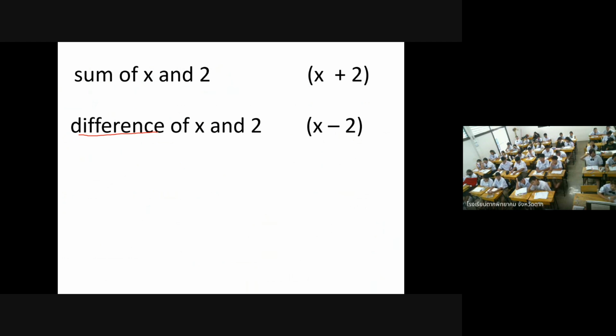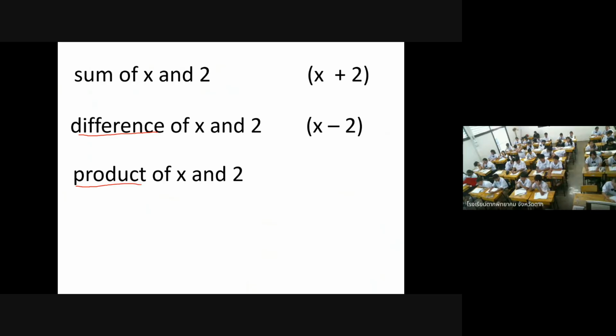Make sure you remember this. Next, product. When I ask for the product of X and 2, it is 2X.